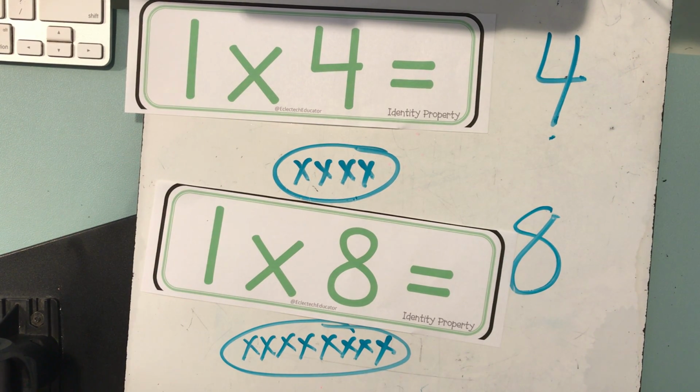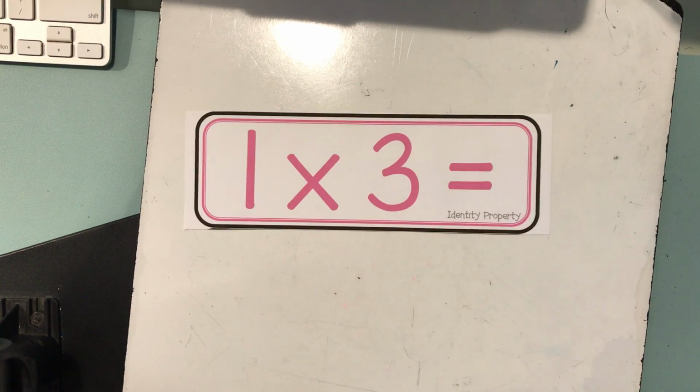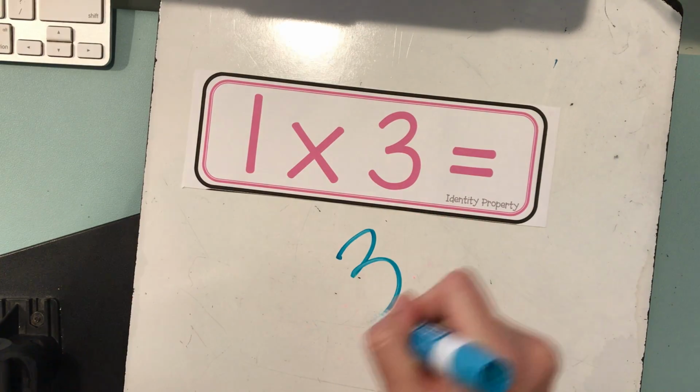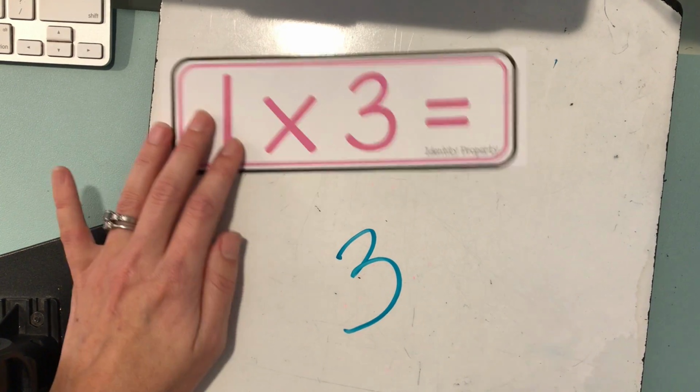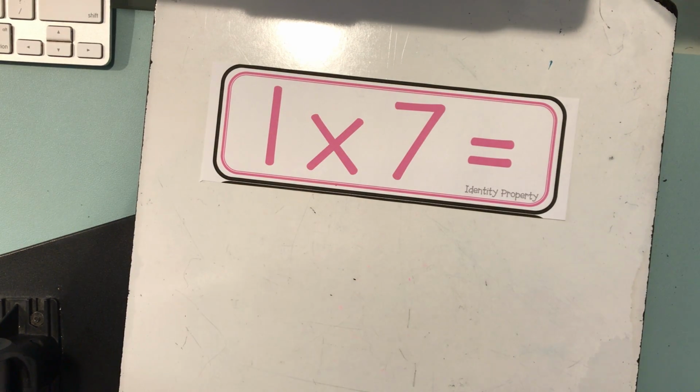Okay, so let's practice now. Go ahead and get your whiteboards, pause the video, and we will practice this one. Okay, here we go. 1 times 3. If you need to pause, you can. It is 3. You should have written 3 on your whiteboard. 1 times 7.